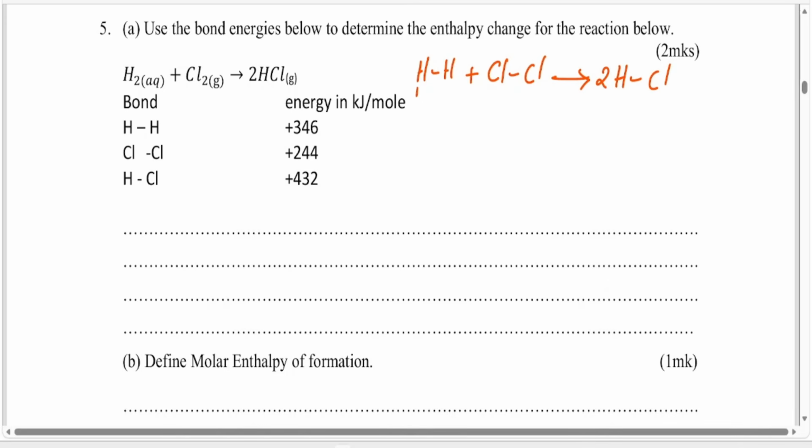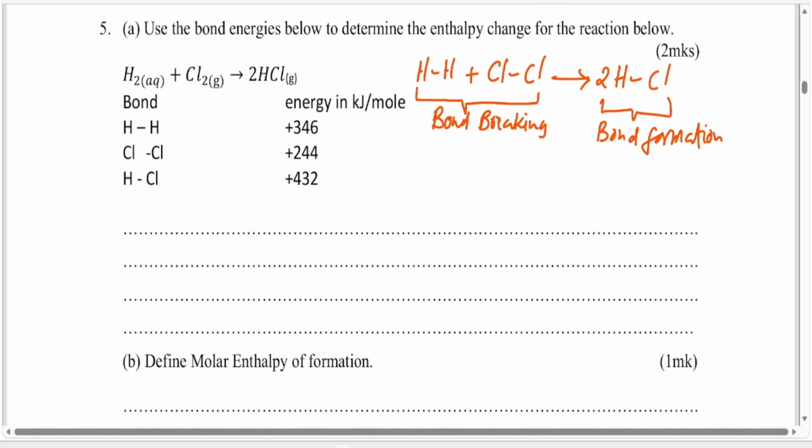Remember, learners, that this is the side of bond breaking, that is on the reactant side, and this is the side of bond formation on the product side. This information is important because we know bond breaking is an endothermic reaction and bond formation is an exothermic reaction.